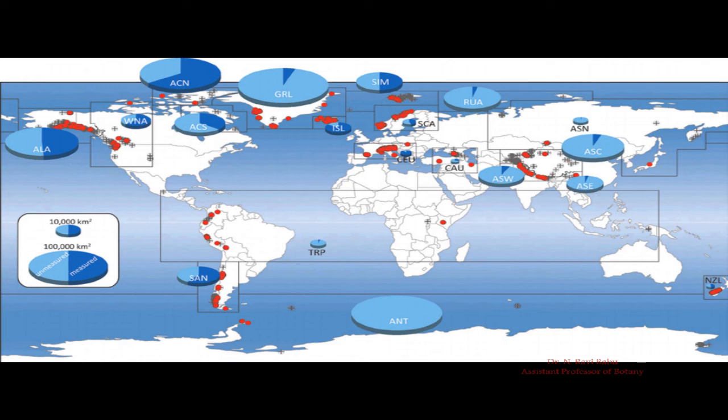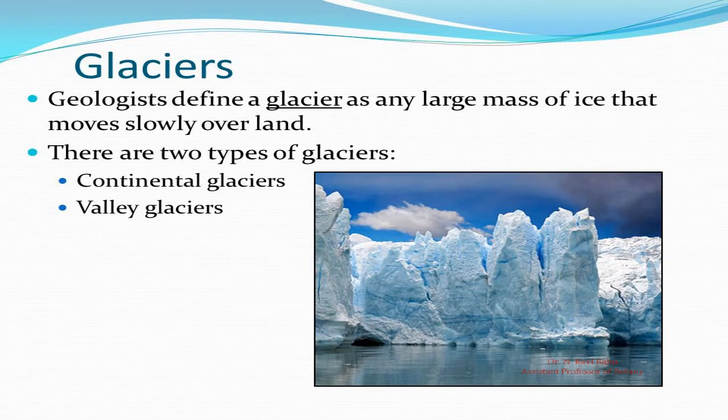In simpler terms, a glacier is nothing but a river of ice. A river of ice. It normally assumes a tongue shape, broadest at the source, but becoming narrower downhill.